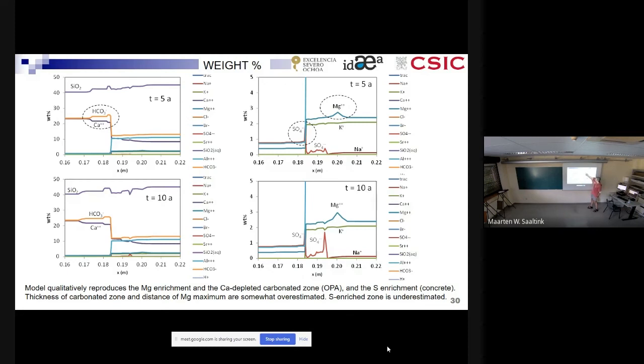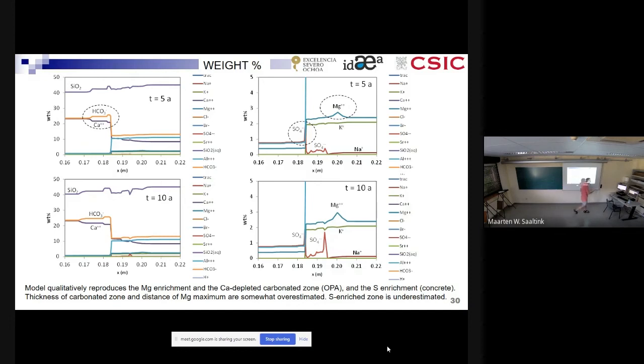And the sulfate-rich zone should be thicker. This is very narrow, but it actually should be thick. So qualitatively we can reproduce that, but fine details we cannot really get with this model. It seems that we are overestimating the distance from the peak to the interface, and also the thickness of this zone.